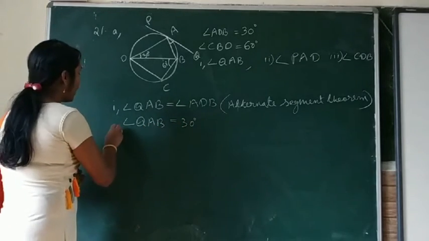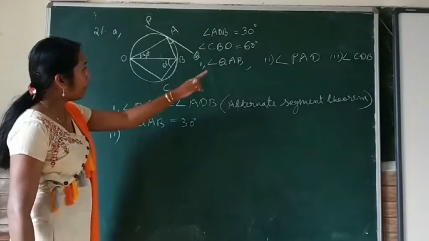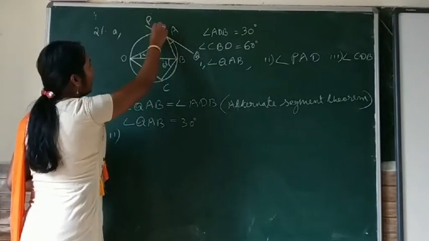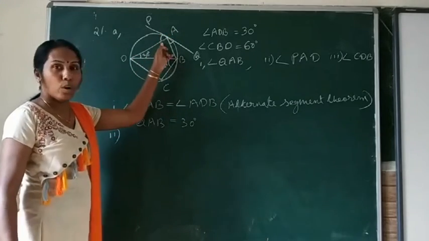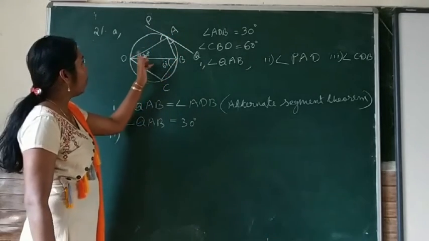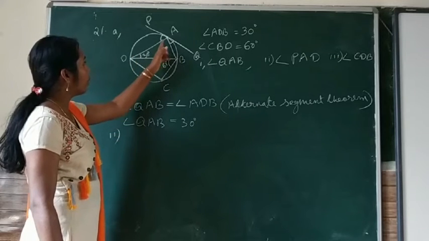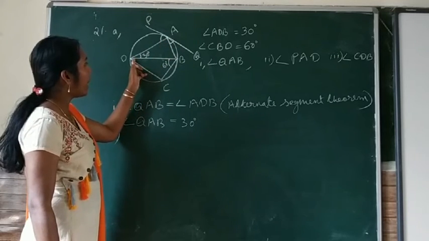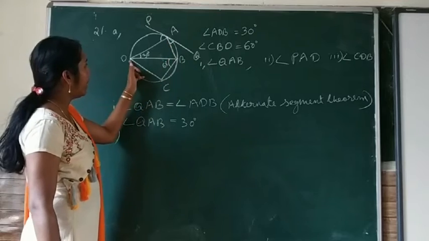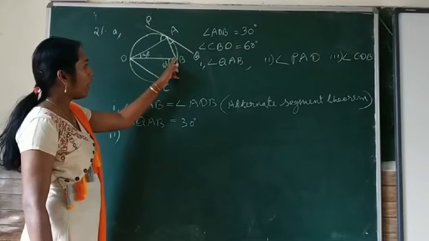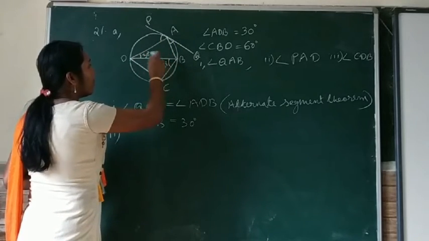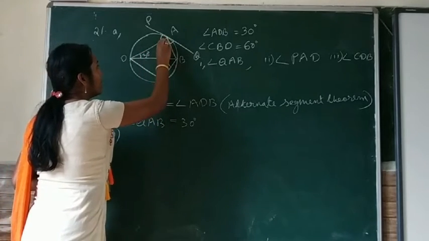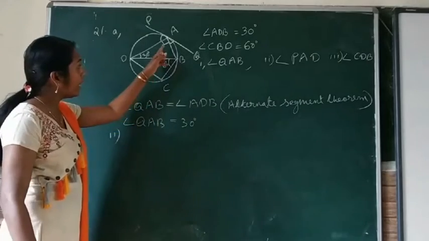Now, second question, we have to find angle PAD. This is the angle PAD. That is also an angle between a chord and a tangent. Chord AD is considered. For the chord AD, the angle in the alternate segment is angle ABD. Now we have to find angle ABD first of all. We know that angle ADB is given 30 degrees and angle BAD is a right angle because it is an angle in a semicircle.